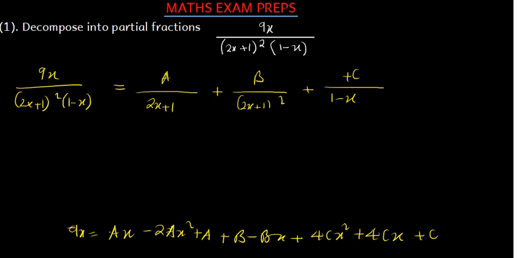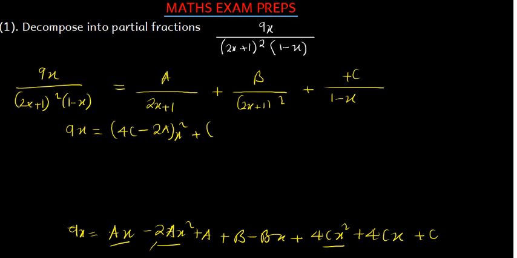So at this point now, you can go on and say this is 9x is equal to, I'll put like terms together, starting with those which have got a square. So this one and this one. I'll start with this because it's positive, so I'll write 4C and then minus 2A, then the x squared, I can write it there, then plus we go to those which don't have any square, but they've got x.